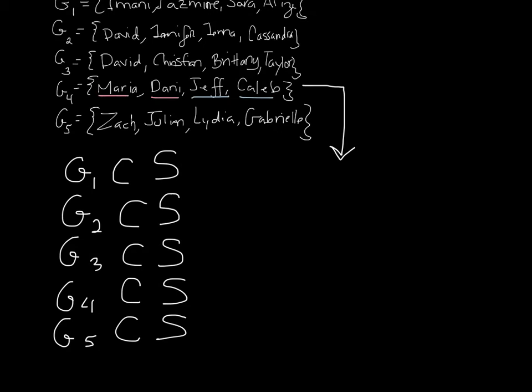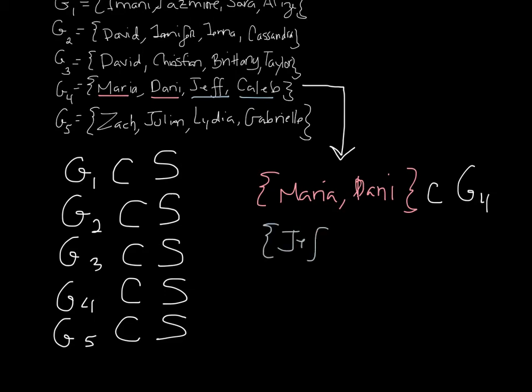So if I write Maria and Danny, that's Danny, right? That's another subset, right? A subset within another set: that is a subset of G4. And Jeff and Caleb, those two members or elements, are also a subset of G4.